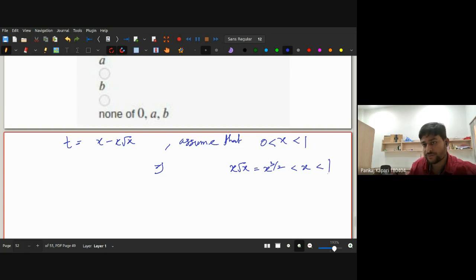So this inequality will hold, and this will imply that x minus x to the power 3 by 2, or x minus x root x, is positive.